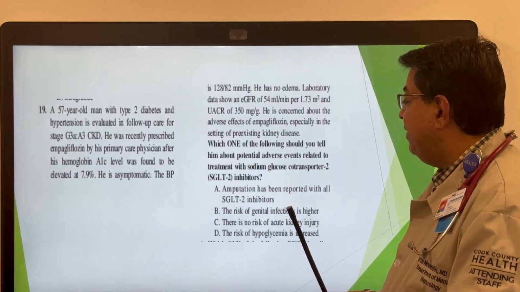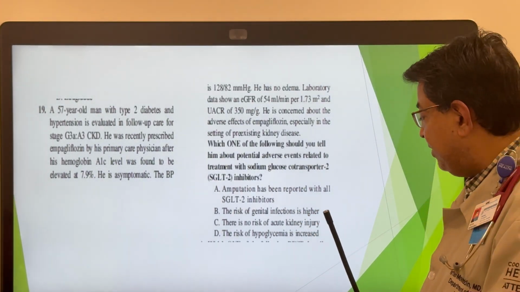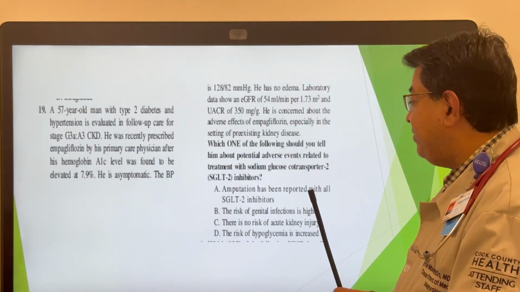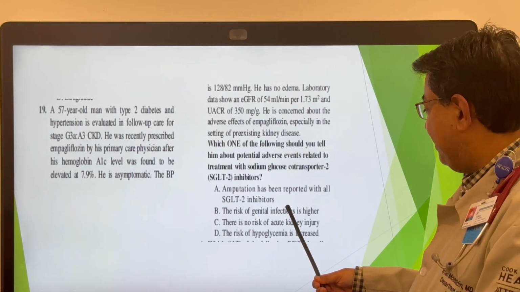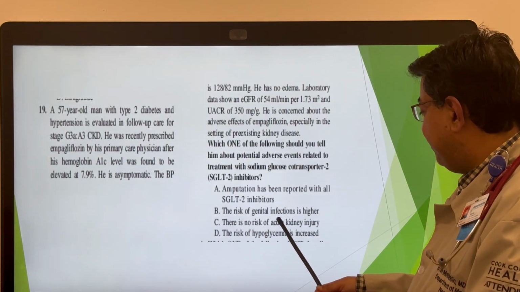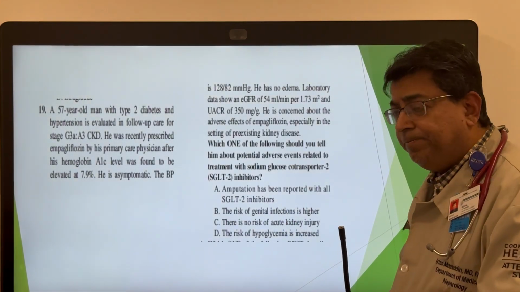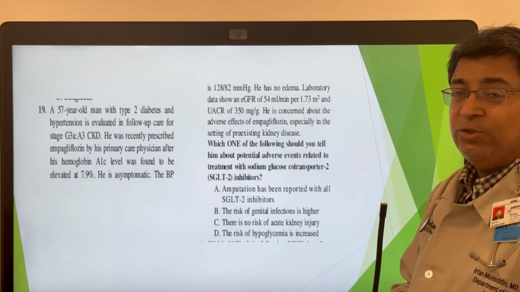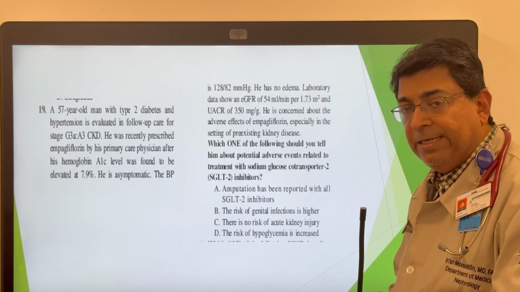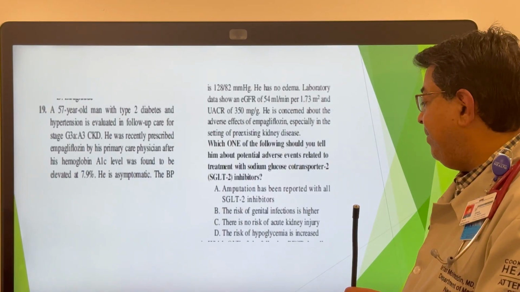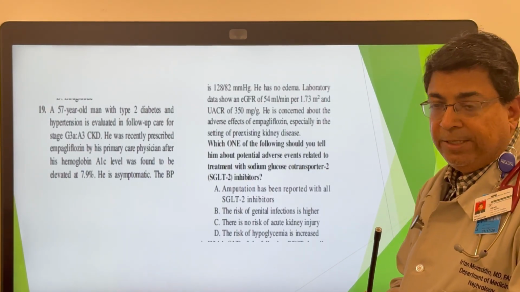Amputation has been reported with all SGLT2 inhibitors. That's not true, usually in the setting of wound or skin breakdown. The risk of genital infections is higher. There is no risk of acute kidney injury. Even though currently there is no evidence that SGLT2 inhibitors cause acute kidney injury, SGLT2 inhibitors should be held during acute kidney injury.